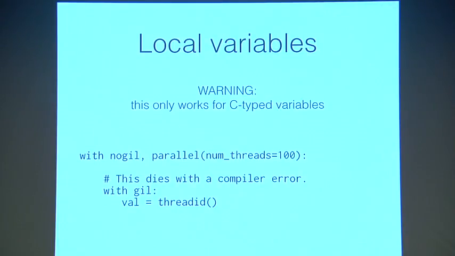All right, local variables. There is a warning here. It only works for C-type variables, so only declared variables. If you declare other variables with the GIL, it'll crash, just because of the way the pragmas in the C code deal with private variables versus how Python deals with variables, where it actually allocates some space and does some things, and then when it goes out of scope, it has to free up that space.